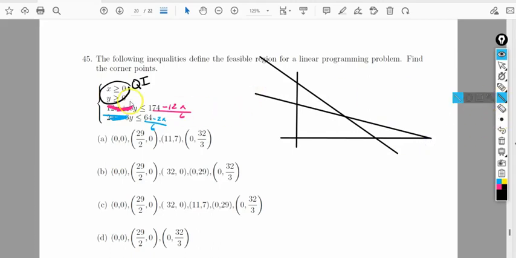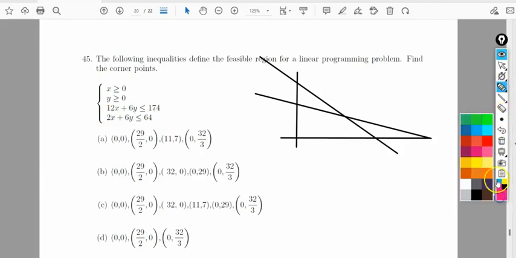All right, so both of these are on and under. So it really doesn't even matter which one is which. Both of them are going to be on and under, so it doesn't matter what colorings I use. Both of them are on and under in the first quadrant.